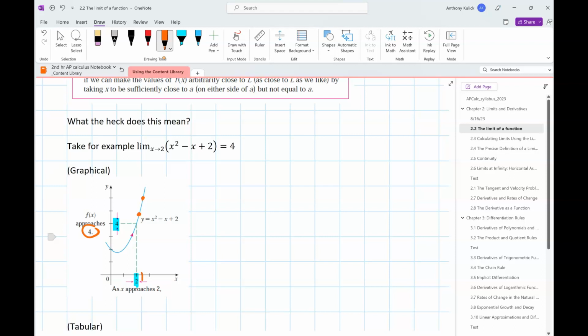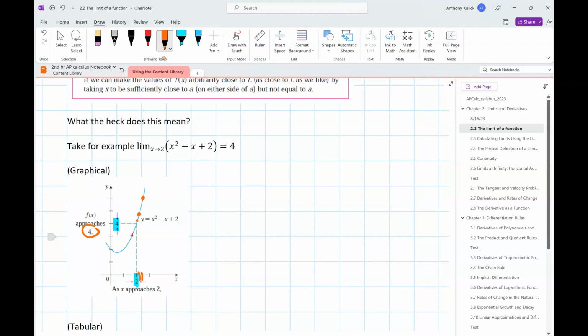If I pick a value even closer to 2, I get a little bit closer to 4. And I can pick my values as close as I want to 2. Each time I get closer to 2, I'm going to get a little bit closer to 4. That's what we're saying. Do I actually have to be able to get to 4? No. You do not need to be able to actually get there. Does that feel okay, what we're looking at?